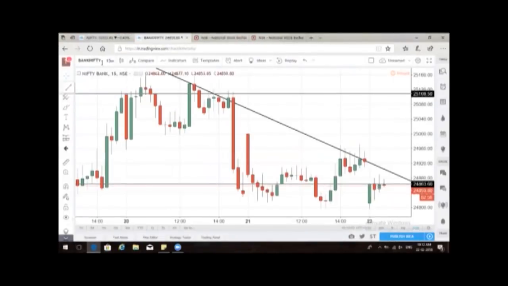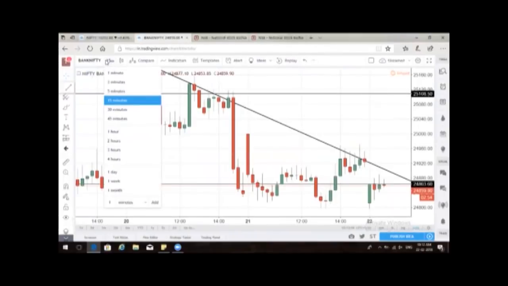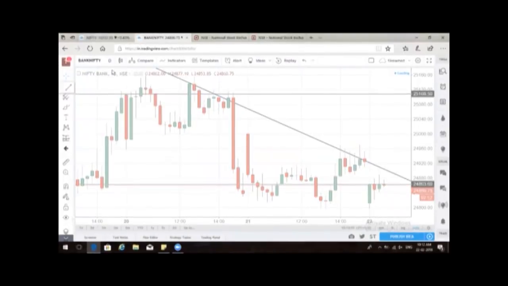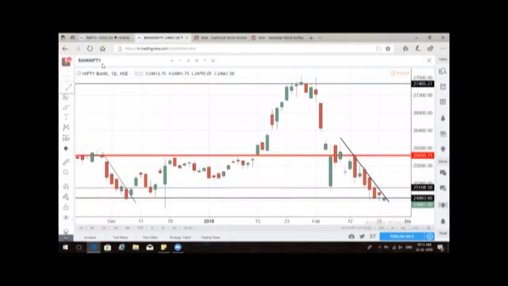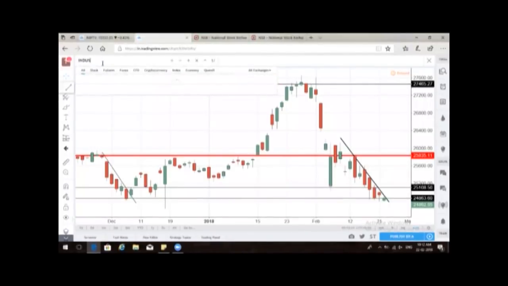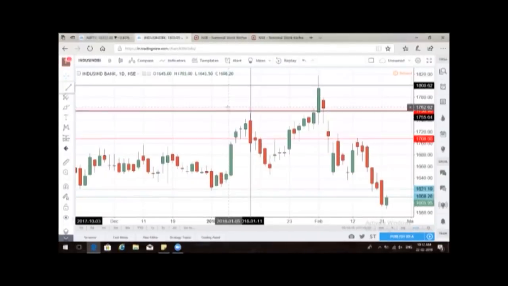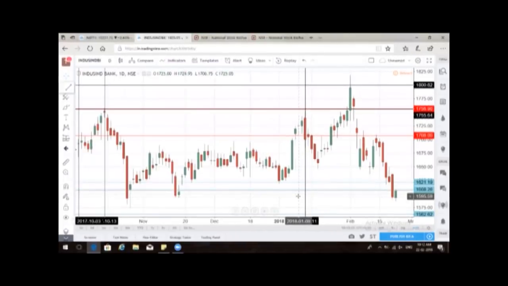So on the banking side, we can remove IndusInd Bank. We had basically taken IndusInd Bank yesterday as well. The important point to consider on IndusInd Bank was that it had come to its support zone and also filled the gap.